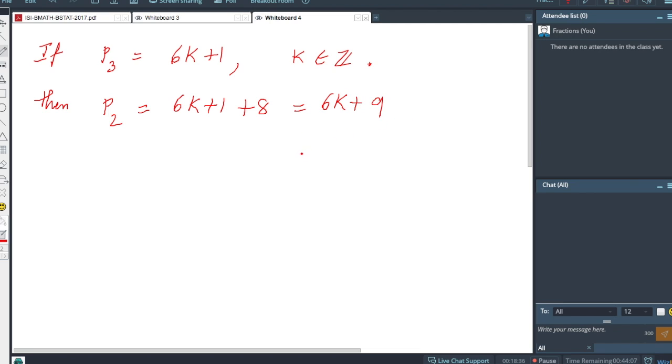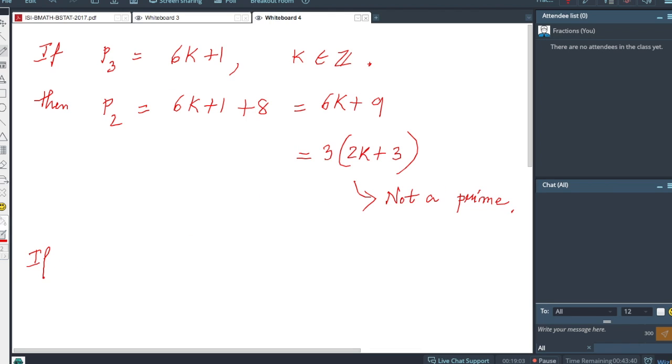And since I can take a 3 common, it's 3 times 2k plus 3. And so obviously this implies that this is not a prime. And so p3 cannot be a prime of the form 6k plus 1.